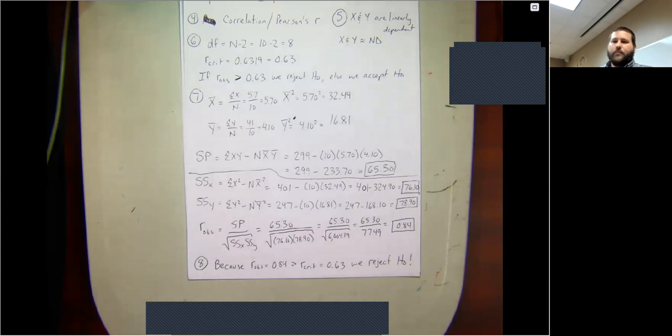One of the big things to remember with correlation is that you can't imply causation. It's not that because you live so far from school, you join a bunch of clubs. You can't make that statement. All we know is there's a relationship between the two. It could be that you join a bunch of clubs because of it, or it could be you live so far from school because you have to join a bunch of clubs.